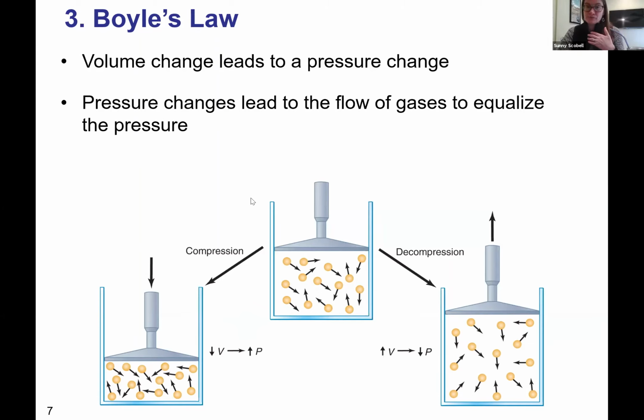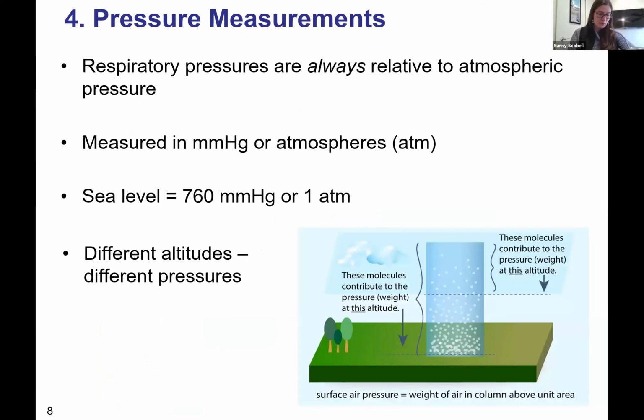So the flow of gases will change to equalize the pressure whenever we change the container. One thing that is important to point out is that we're always thinking about this relative to atmospheric pressure. And what exactly is atmospheric pressure?